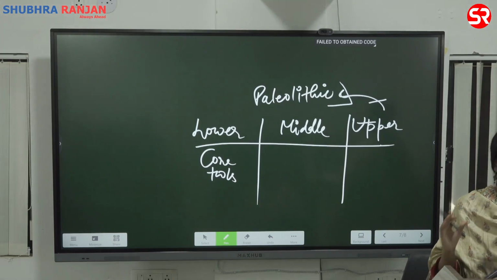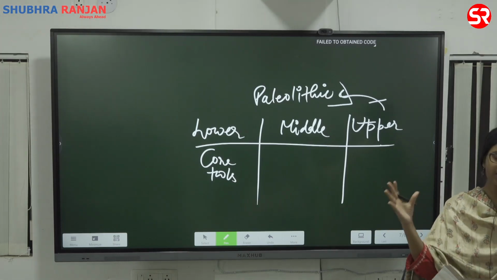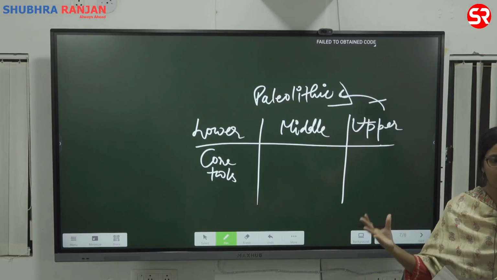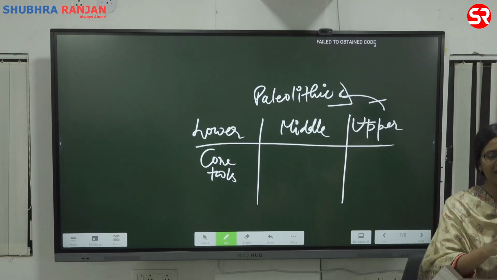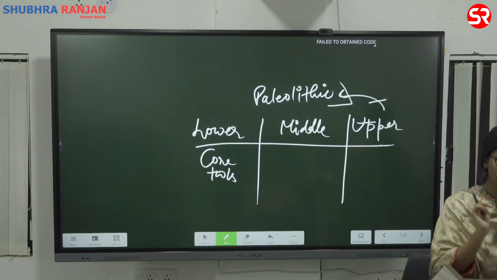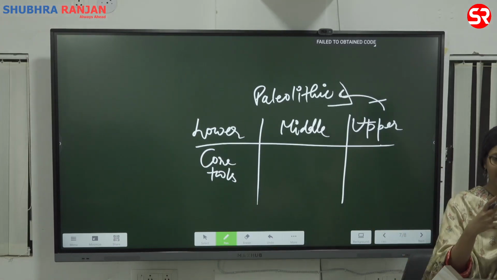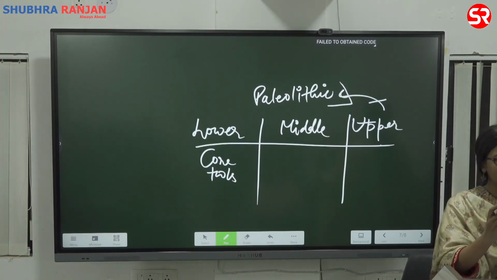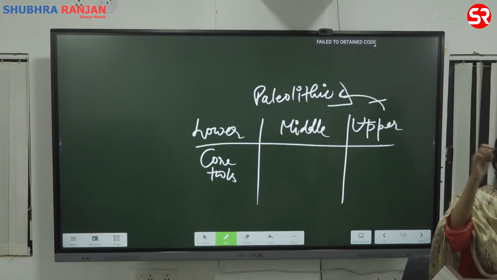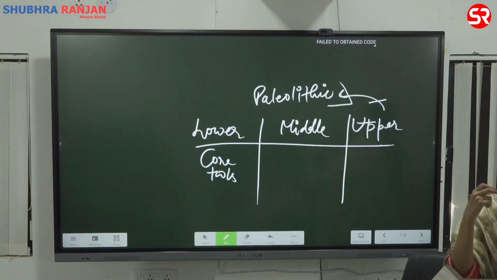What do we mean by core tools? So this is a stone and you are taking a stone and you are putting it against another stone. What did you do? You banged them together like this. What will happen? Some part will break off. And if some part broke, that area will be edgy.